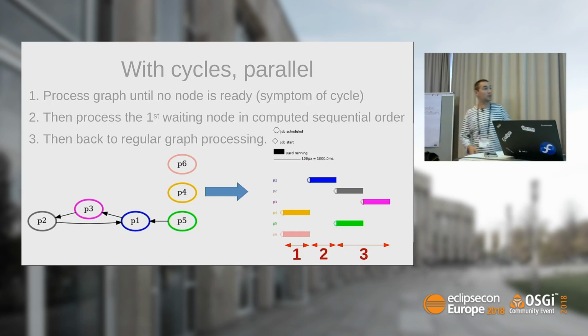So we take P1 in that case, we build P1, it's built standalone, and when P1 is done, then we see that P2 and P5 have their ancestor built, so they can be scheduled, and we process the graph in parallel just like we used to. So processing a cycle is just processing a graph, and whenever we only have the cycle, we just pick the first node of the cycle, and we retry processing the graph normally.